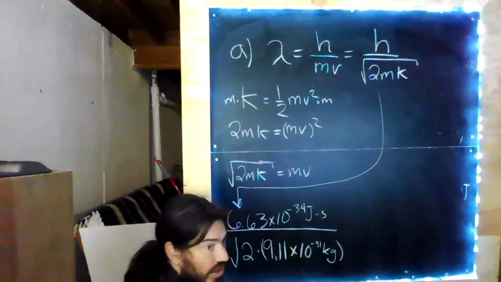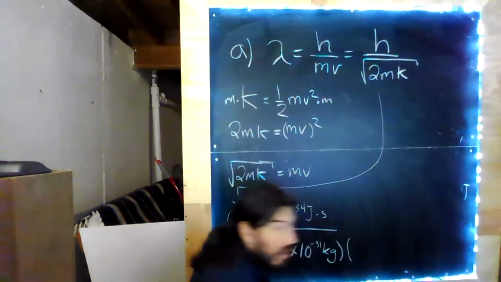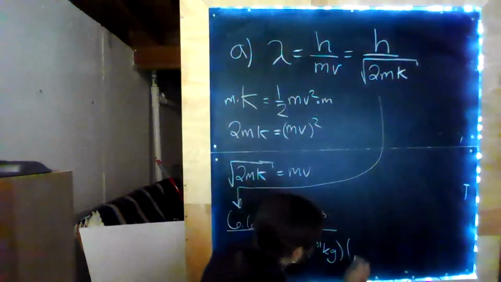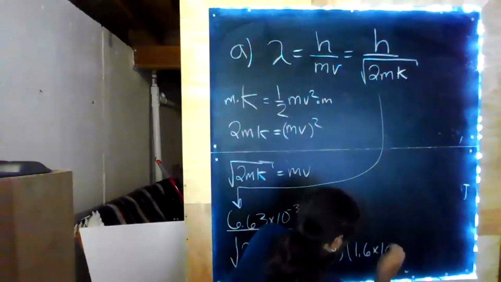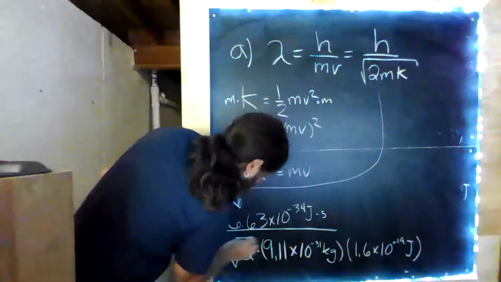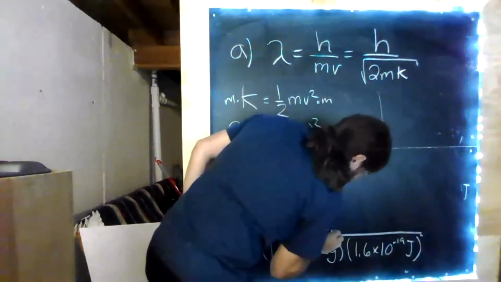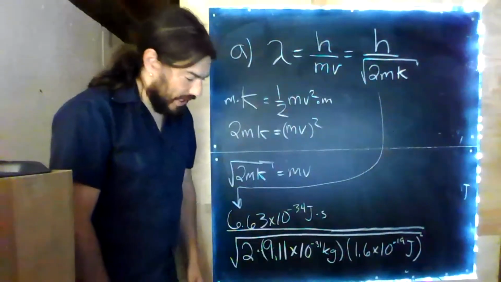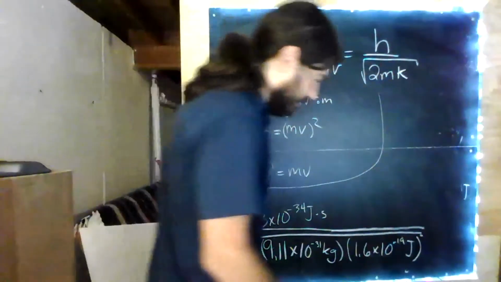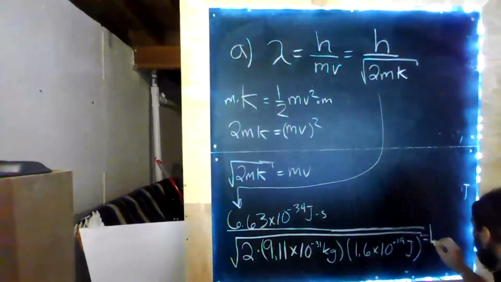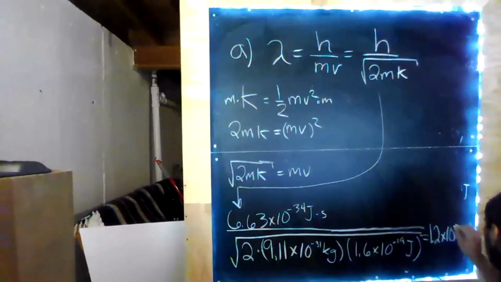And K, which notice they gave us 1 eV. Recall that 1 eV is 1.6 times 10 to the negative 19th joules. And so I run my calculator, and I get 1.2 times 10 to the negative 9 meters.